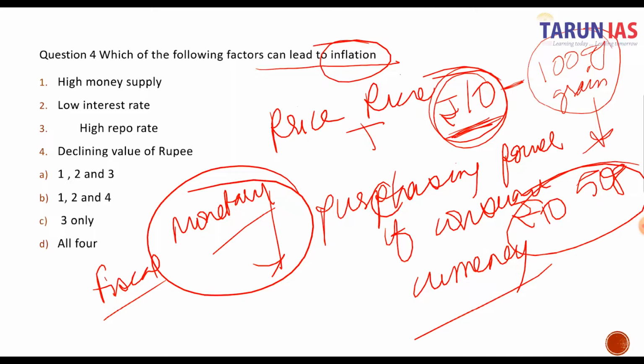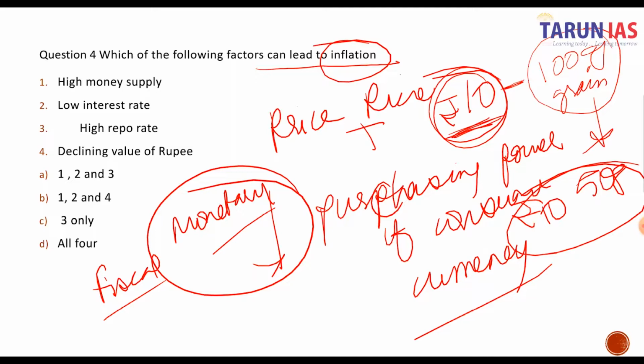Not the cost pull inflation, but the demand pull inflation here can be decreased by increasing the rate at which the banks give the loan. If the interest rate at which the banks are lending the loan increases, that means the loan will be expensive now, and if the loan is expensive, then automatically people will be spending less.